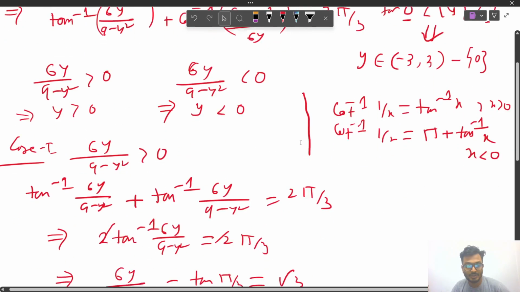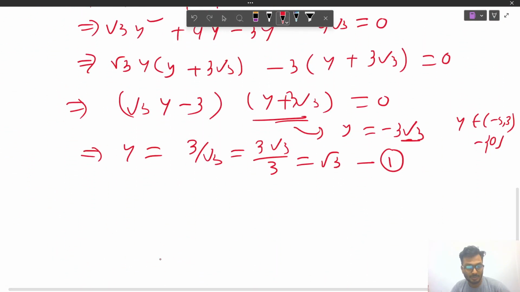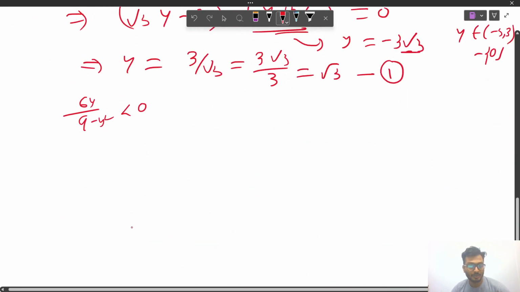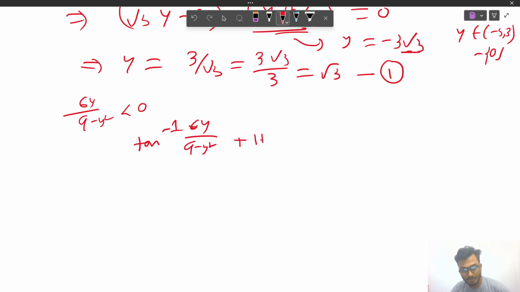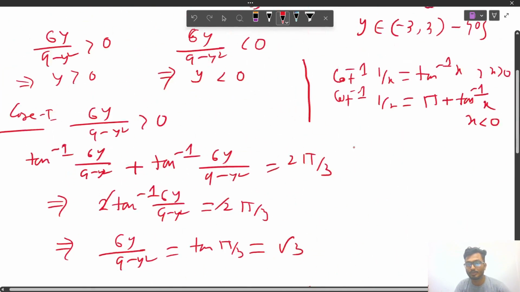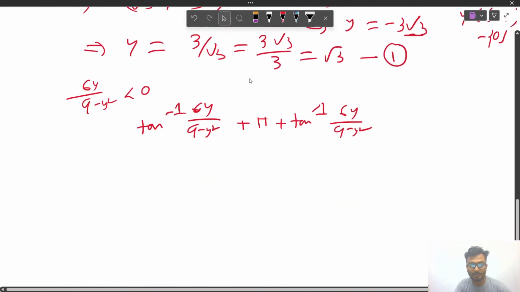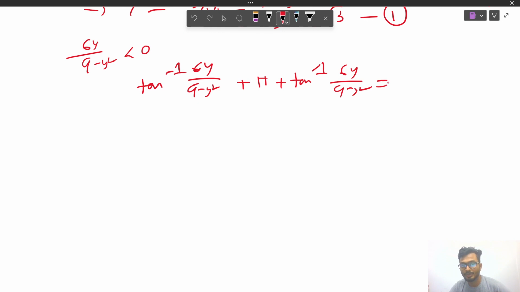Now when 6y by 9 minus y square is less than 0, what will happen? It will be tan inverse of 6y by 9 minus y square, plus pi plus tan inverse of 6y by 9 minus y square, because we use this property, equals 2 pi by 3.